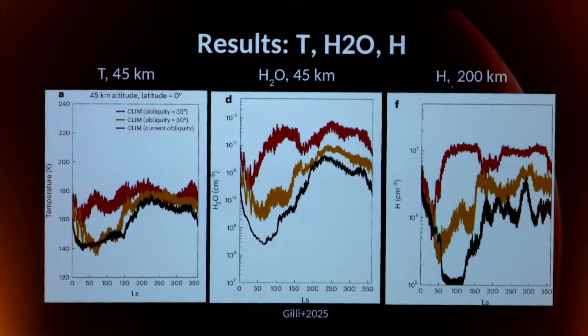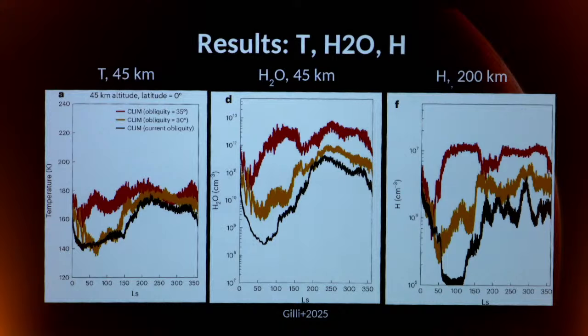The radiative effects of these clouds absorb infrared radiation and warm the mesosphere, the middle atmosphere. A warmer mesosphere means that the hygropause is much weaker, and then you can have much more water vapor penetrating to the middle atmosphere, as is shown in the middle panel.